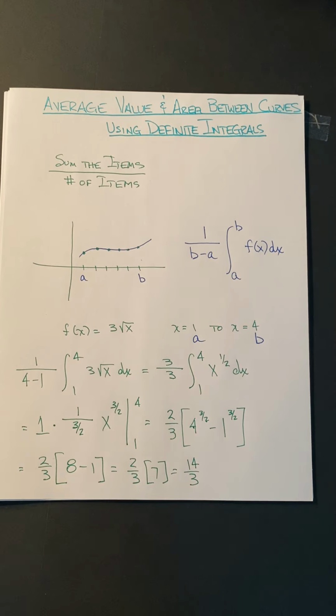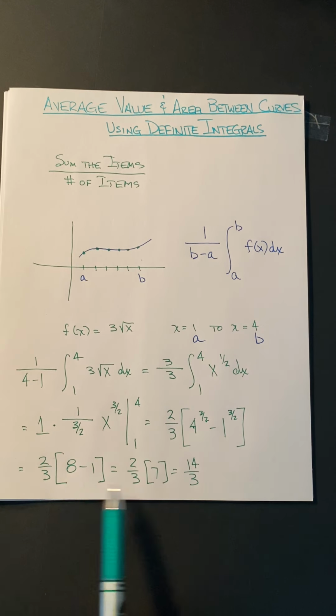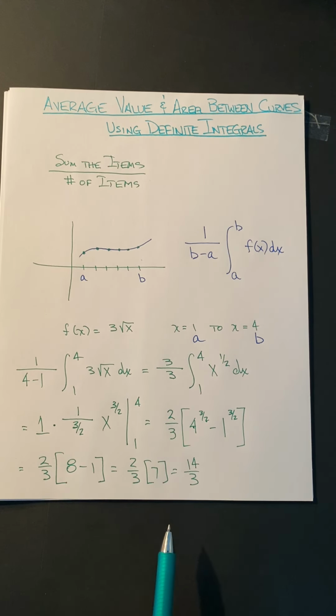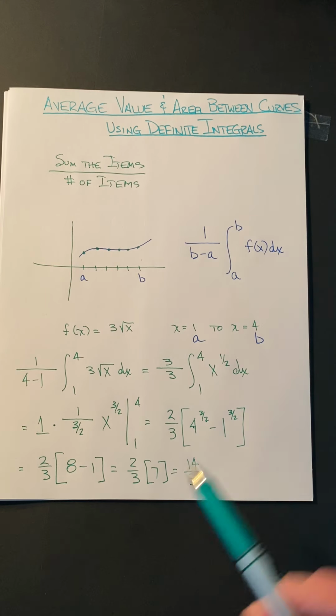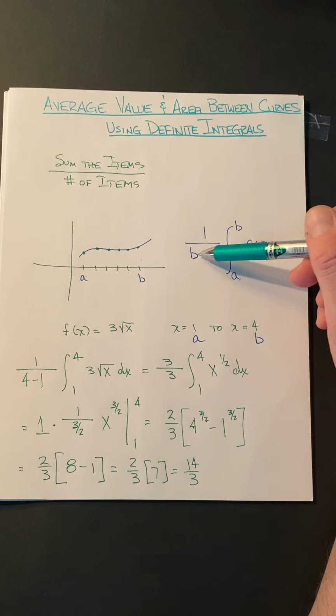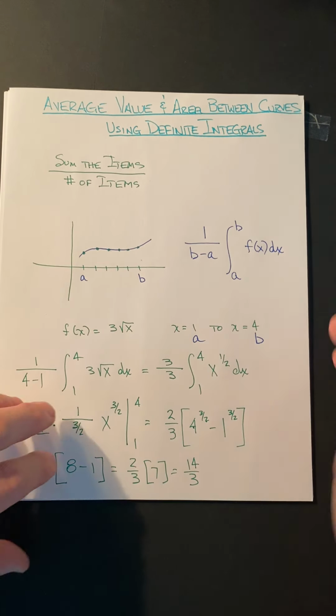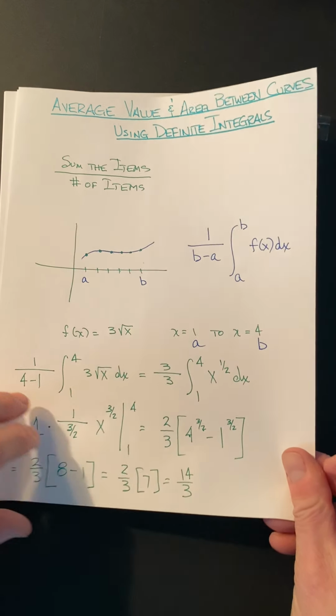So the average of this function from 1 to 4 is going to be 14/3, okay? So anytime we want to find an average, all we need are our upper and lower bounds, and then we apply this fraction to it, okay? So that's how we can go through and get an average using a definite integral.